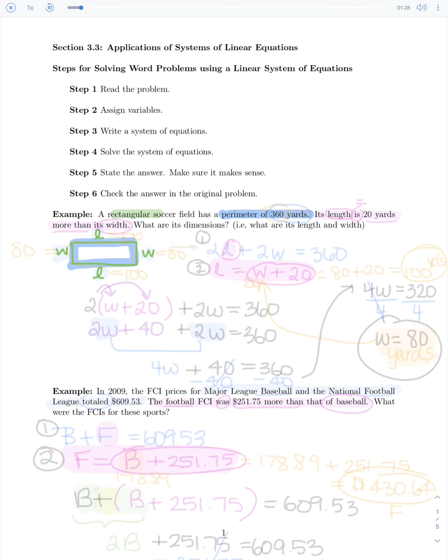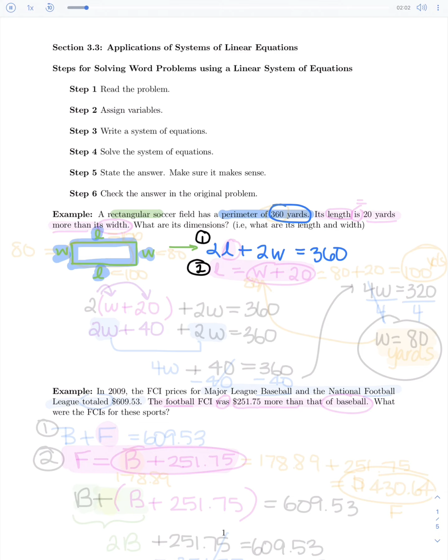So when we talk about the perimeter, we add up all the sides: we're going to add up the two L's and the two W's, and that should be all of our perimeter, which is 360 yards. So that's one of our two equations for our system of equations.